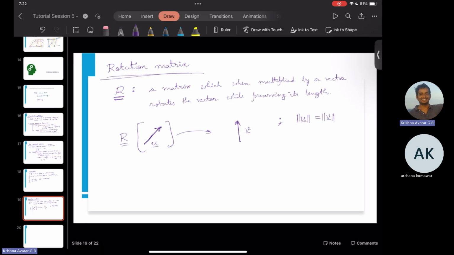So if the length of the vector U was unity, the vector V will also have the same length. That is what a rotation matrix does when applied to any vector.